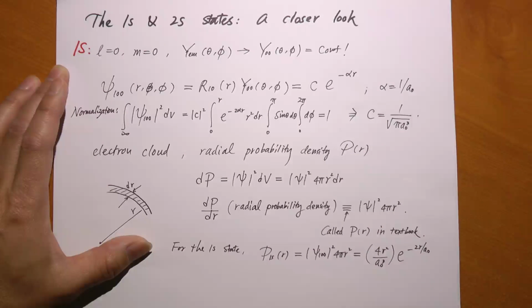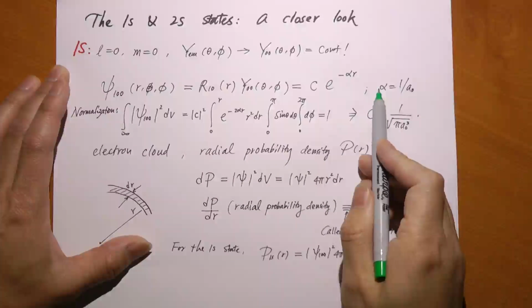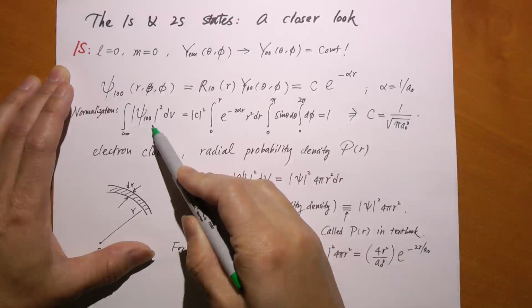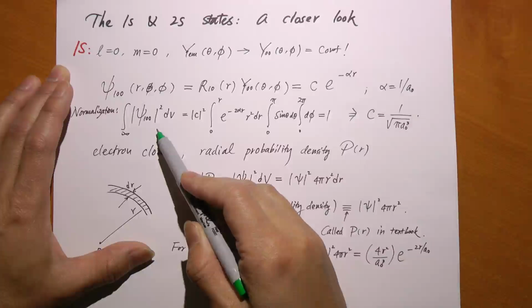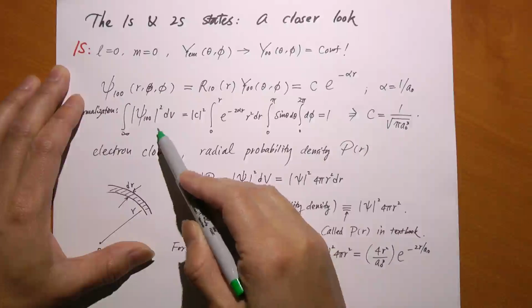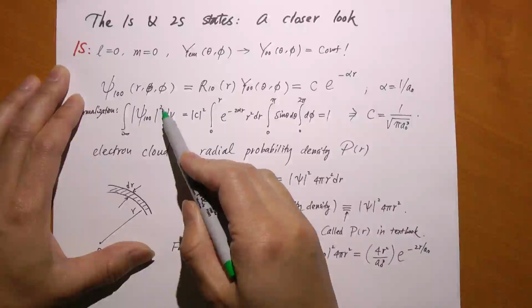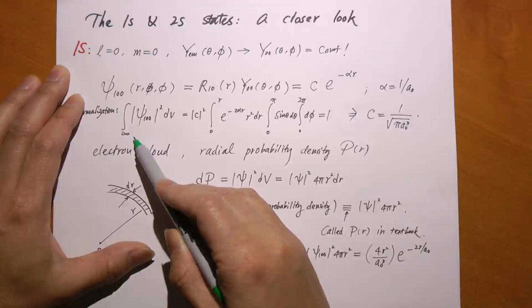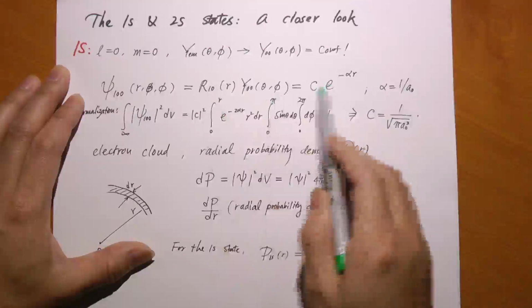And this thing has to be normalized, which means the chance of finding this electron under the state 100 in every possible part of the space, if you add all together, should be 1, right? And so we integrate psi squared, modulus squared, over the entire space. That should be 1. Now how do we integrate that? There is a c.